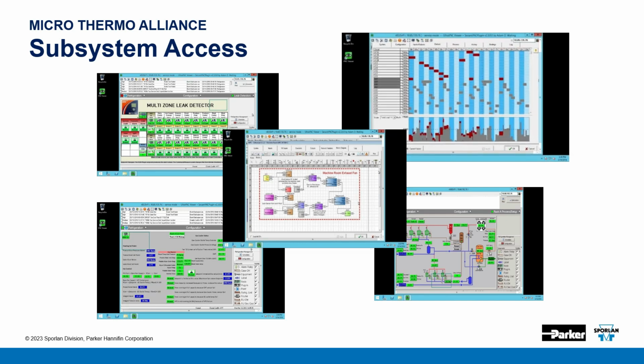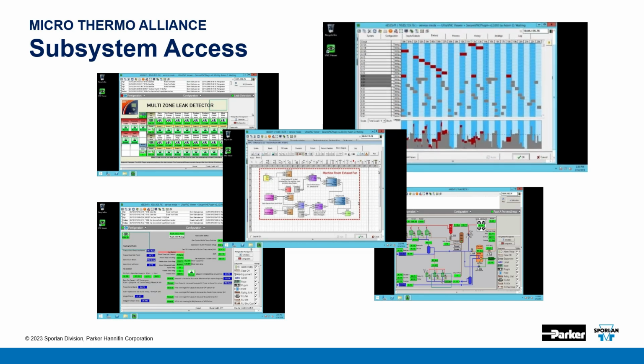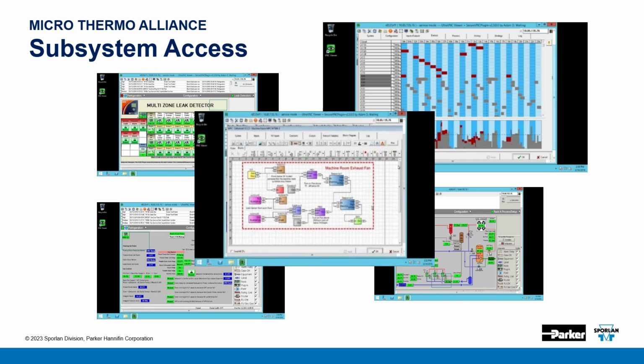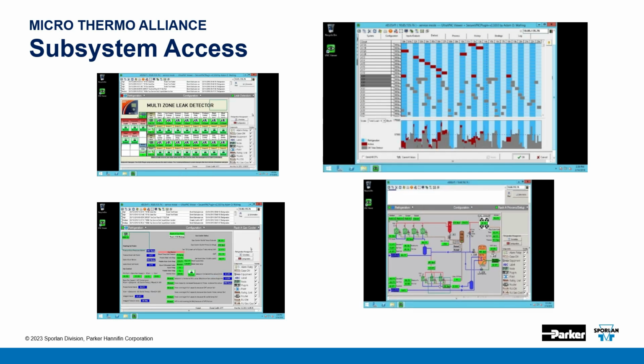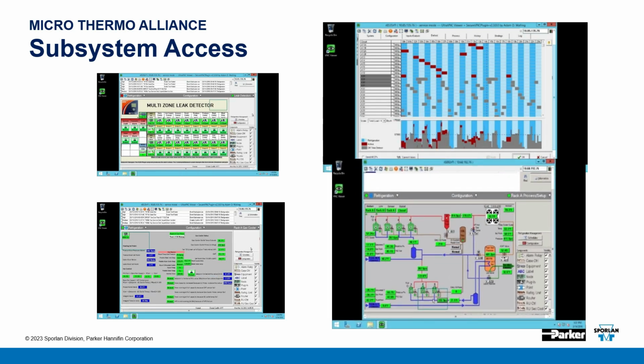So with Microthermo, you can tie all of your subsystems and fixtures and devices together. So, you want to take a look at the 24/7 defrost schedule? No problem. Do you want to take a look at a custom control process set up in Alliance? Not a problem. You go to that window. Do you want the virtual view of the rack where all of your temperatures and pressures are shown virtually on a screen?